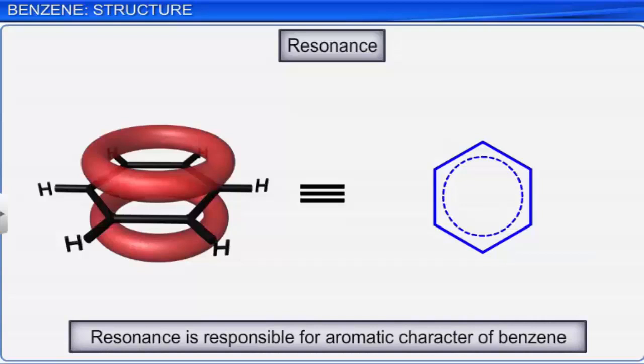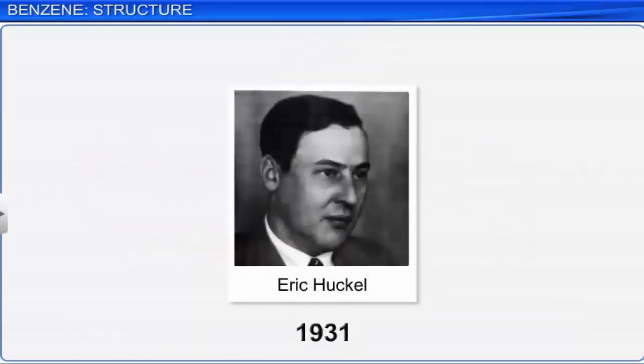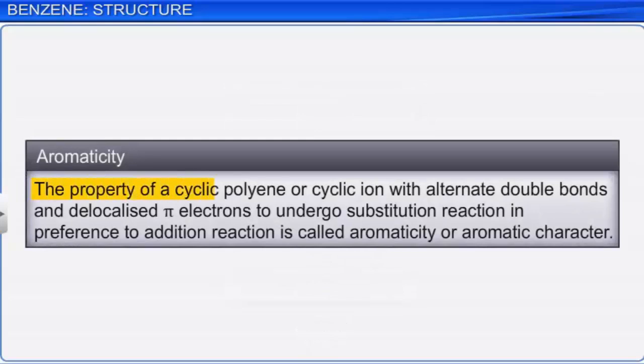In 1931, Erich Hückel proposed the modern theory of aromaticity, or aromatic character of compounds. The property of a cyclic polyene or cyclic ion with alternate double bonds and delocalized pi electrons to undergo substitution reaction in preference to addition reaction is called aromaticity or aromatic character.